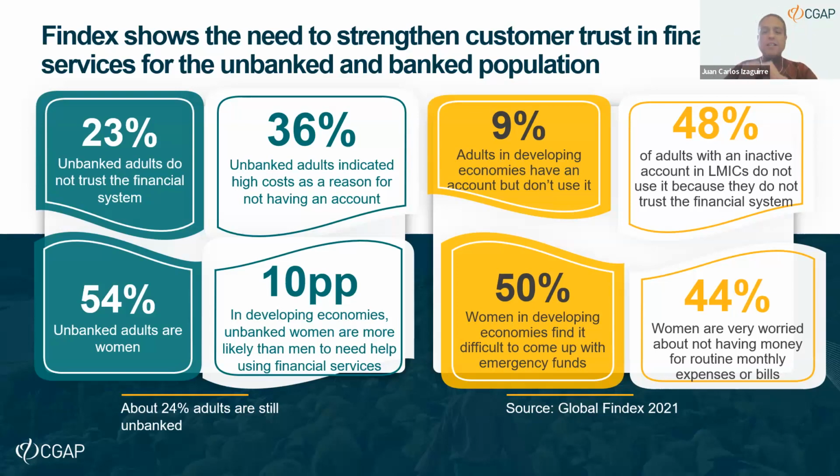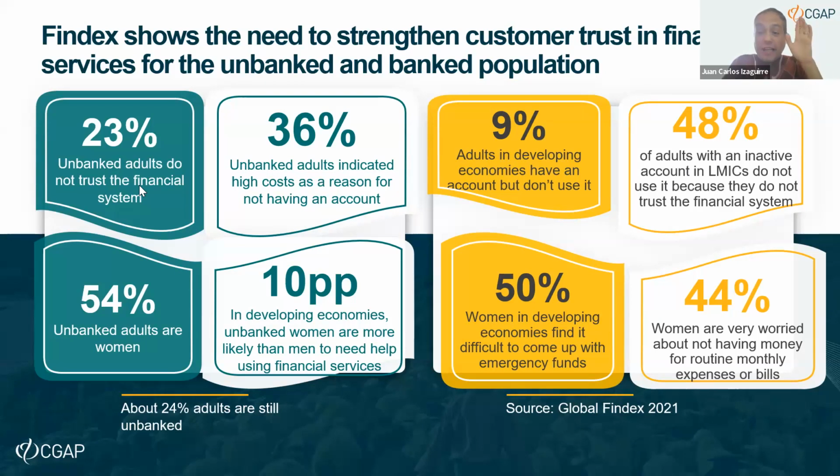So let's first take a look at the 24% of adults who have not yet started this journey. When the Findex survey asked unbanked adults why they did not use financial services, almost 1 in 4 indicated that they did not trust the financial system.